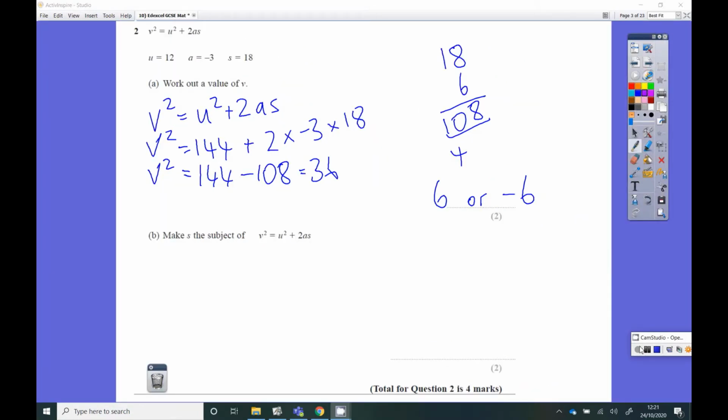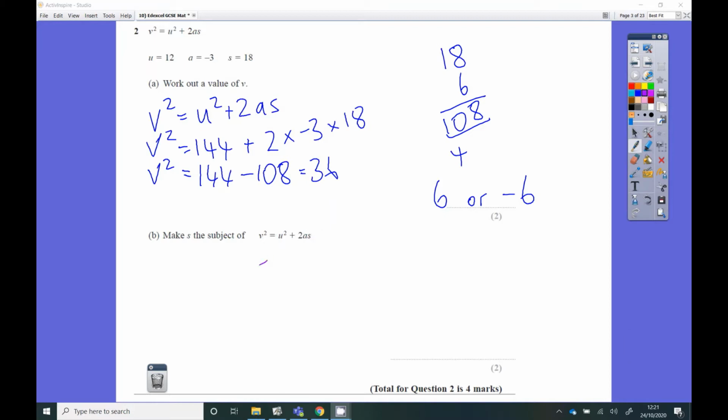Now 2 part B, we've got to make s the subject. So rather than it being v squared equals something, we've got to have s equals something. So we need to work our way undoing the right hand side, so we're just left with s on its own. So for now, leave alone the term 2as and undo the plussing of the u squared.